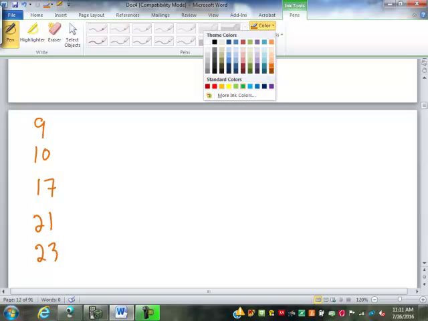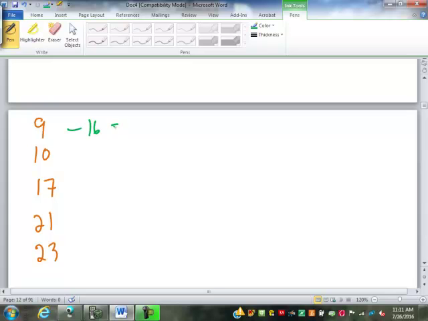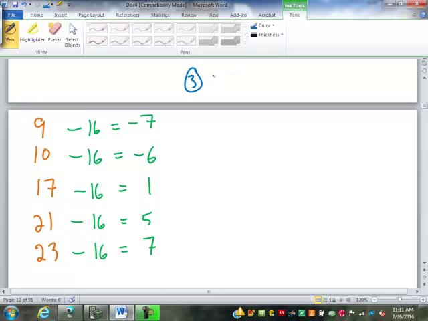We are going to subtract 16 from each of those. 9 minus 16 is negative 7. 10 minus 16, negative 6. 17 minus 16, 1. 21 minus 16, 5. And 23 minus 16, 7. Now, I don't have to do it, but what should those add up to right now? 0. Very good.